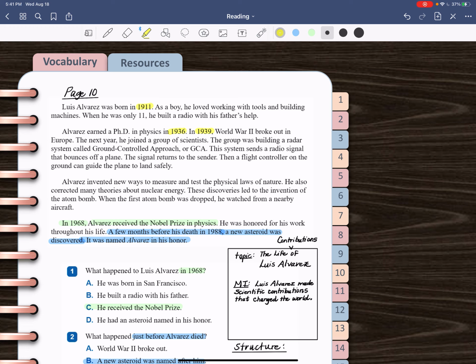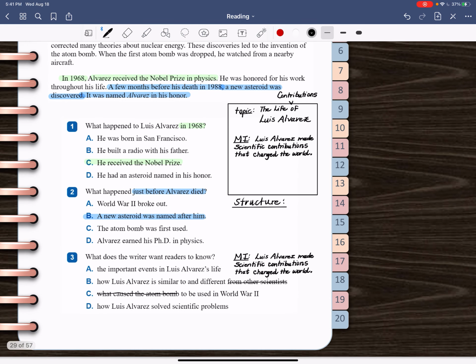This is a chronological passage because of those dates. And that will help me to answer my question. I'm going to go with A. The important events, that's chronological, in Luis Alvarez's life.